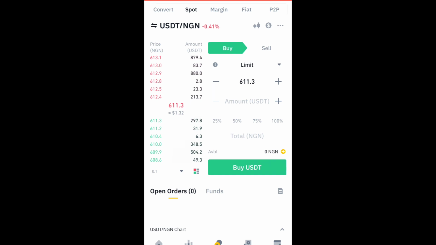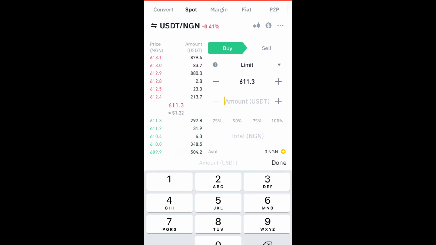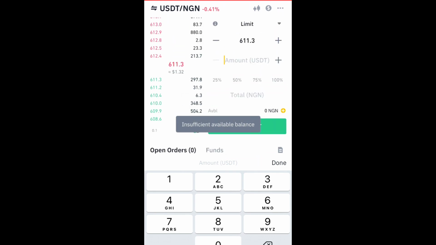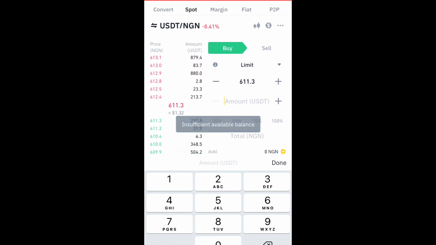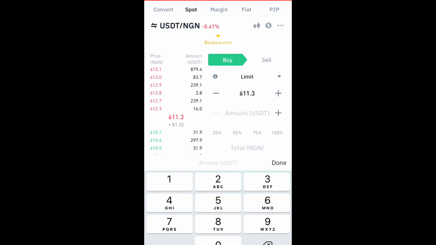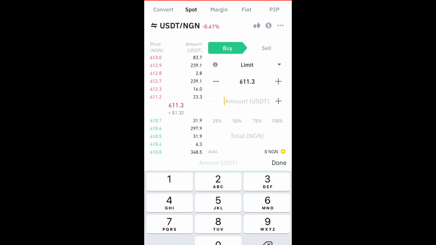So it is really easy. Let's say you have some 100 USDT in your wallet. You can purchase it at 611.3, then you set a sell limit at 613. Then you can just be trading it repeatedly like that, and you're making profit.